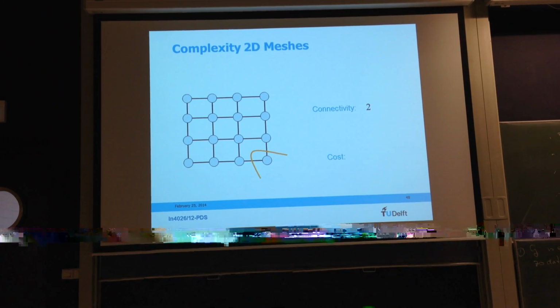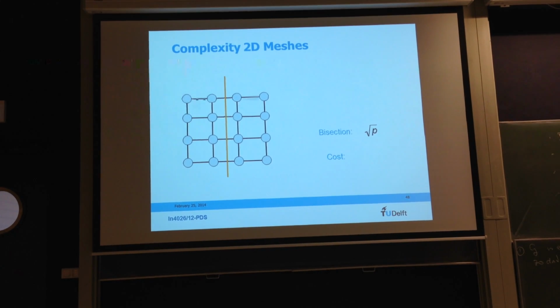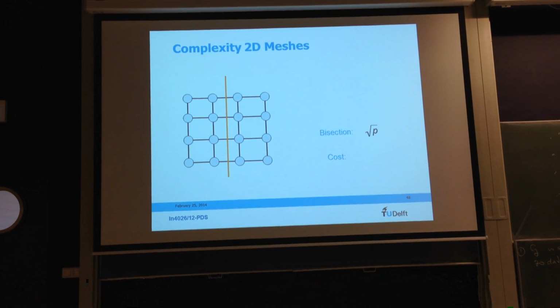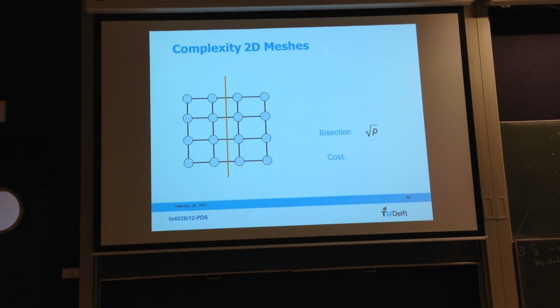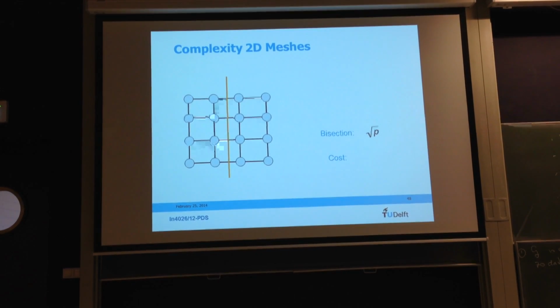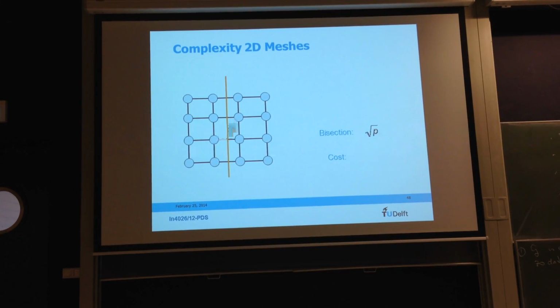Square root P. That's true. And then the cost. How many links are there? That's slightly more complicated. But looking at the figure, you should be able to figure that out, right?